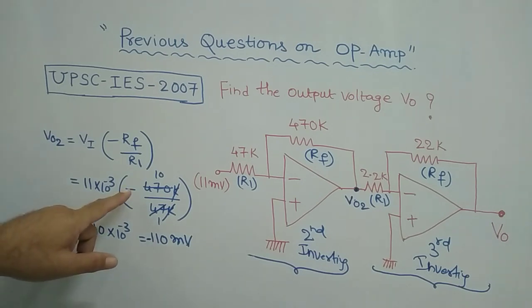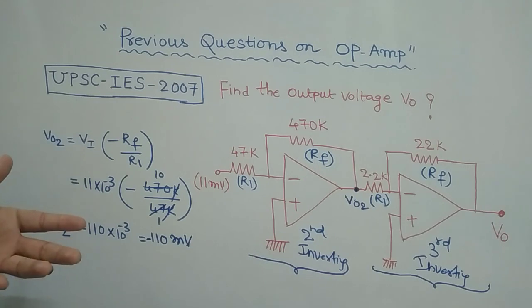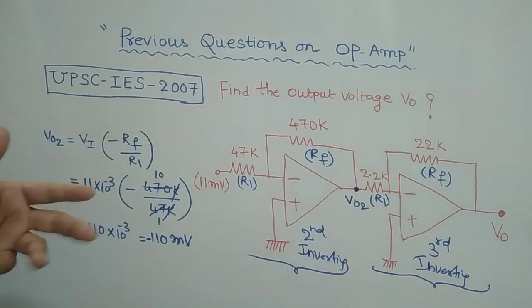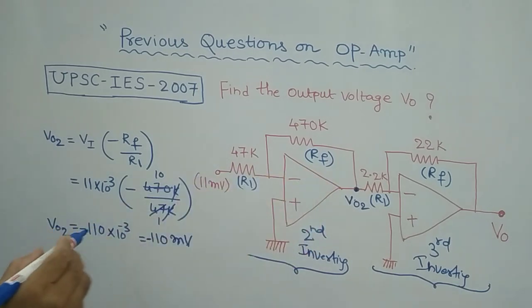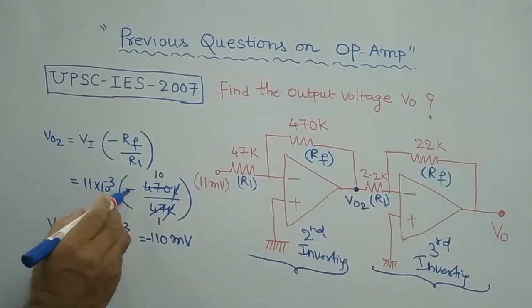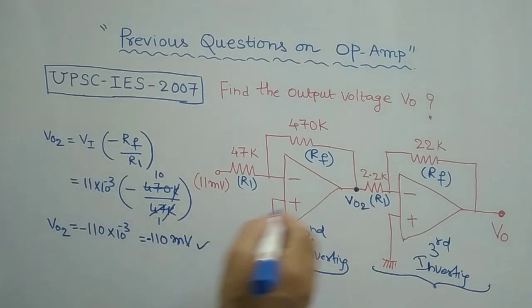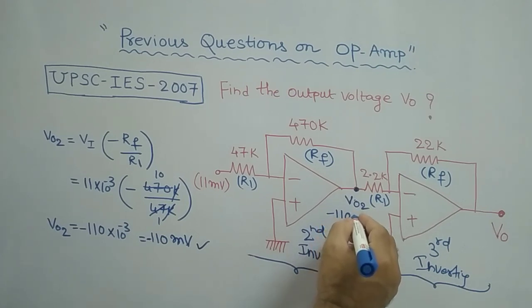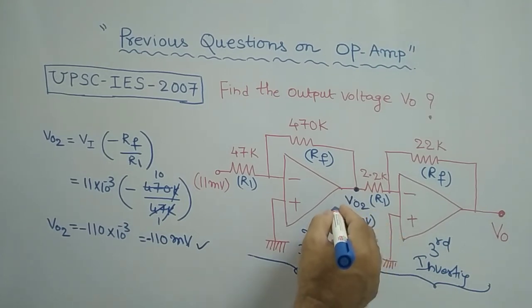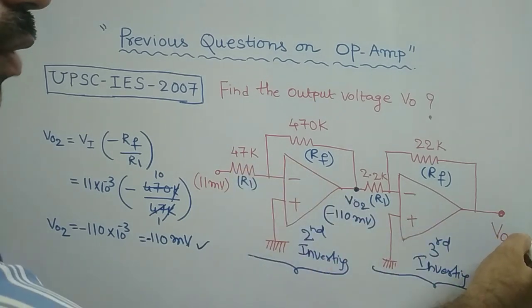Do not neglect the minus sign. The minus sign is very, very important. Sometimes we skip that, thereby you will get a wrong answer. For inverting, you will get a minus sign. So please remember that minus. So it is minus 110 millivolts, this is your V02. But our target is to find V0. This is our interest.